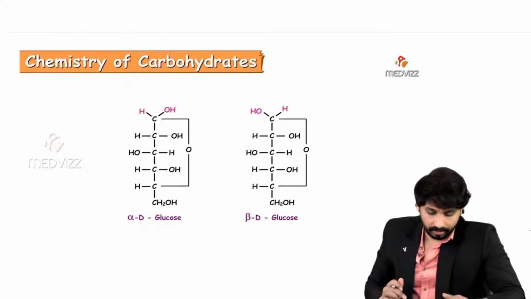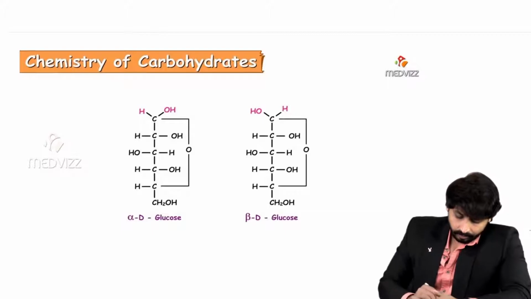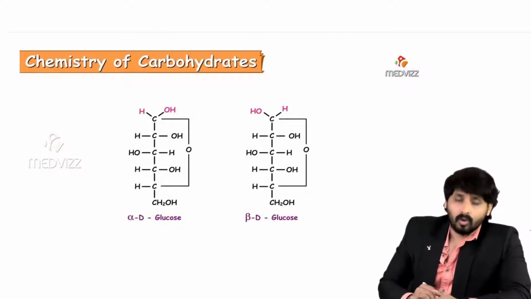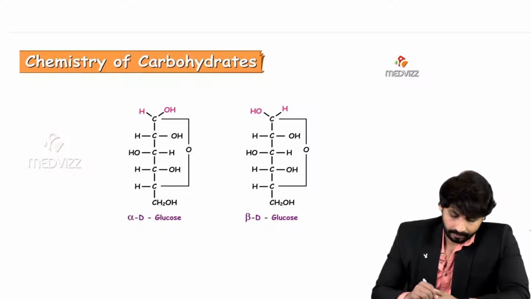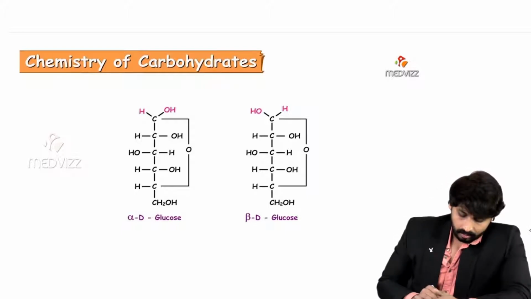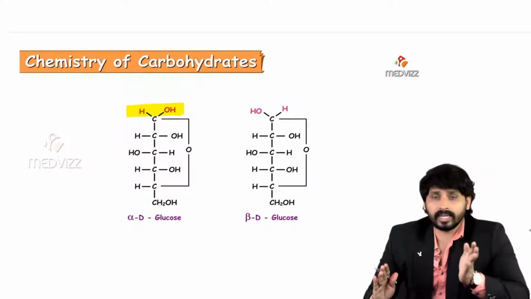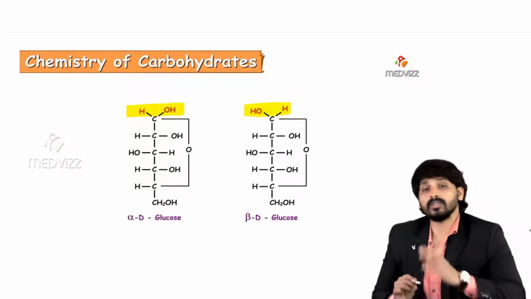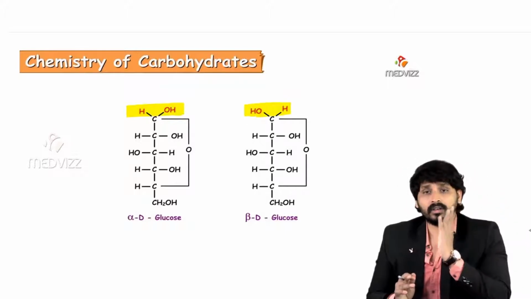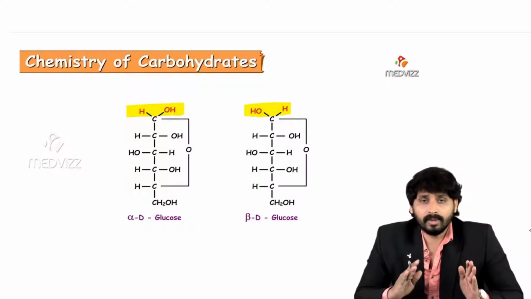Here in the picture, alpha D glucose and beta D glucose: you see the first carbon OH, marked in red, is on the right side and hydrogen is on the left side. And in beta D glucose, the OH is on the left side and hydrogen on the right side. So that is the difference between epimerism and anomerism.